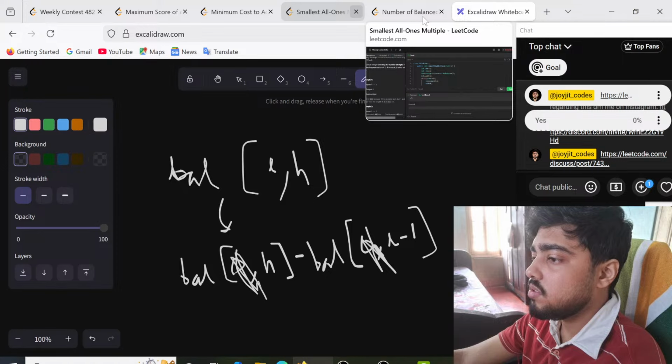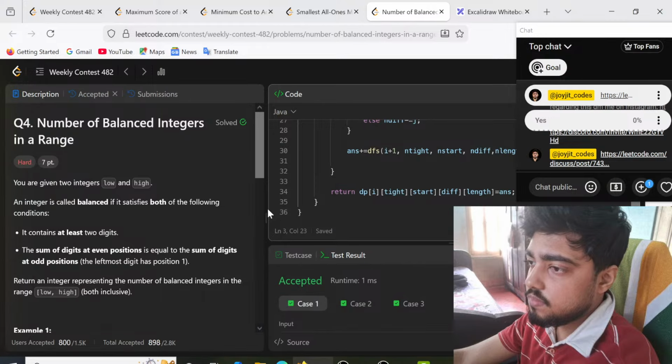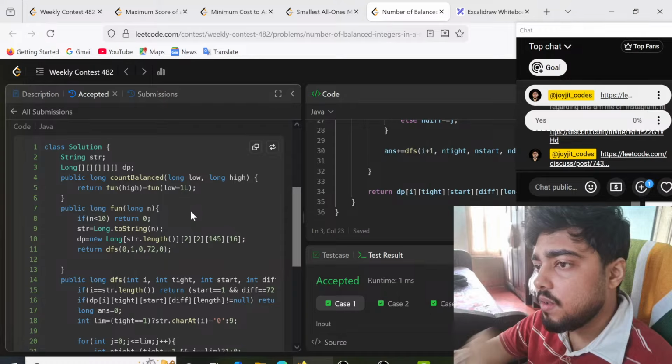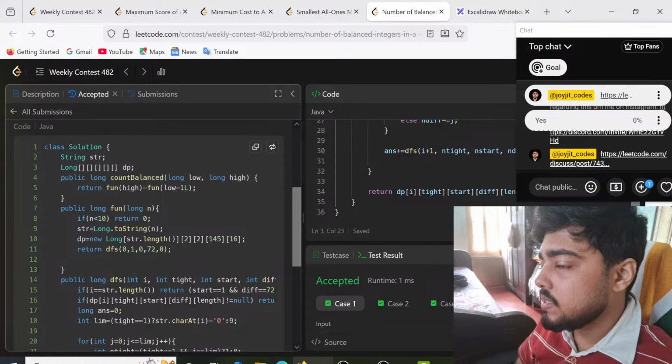Let me show you the solution. For this question, I'll show you from here. See, I'm taking a fun because I usually write functions as fun during contests. It is easier than any other name to think of.